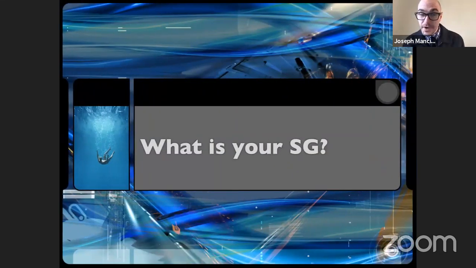Okay, so quick question. What is your specific gravity? Are you denser than water? Are you less dense than water? How many times denser than water do you think you are? Because ultimately, that's what specific gravity measures. How many times denser than water something is.